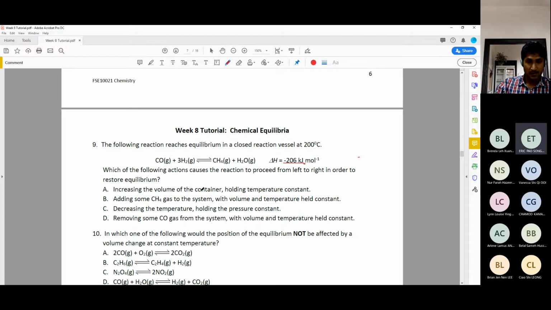Decrease, yeah. Let's say, just to put some graphic here, I have this big container, and there is a cap or something, and this gas, carbon monoxide and hydrogen gas, is inside.